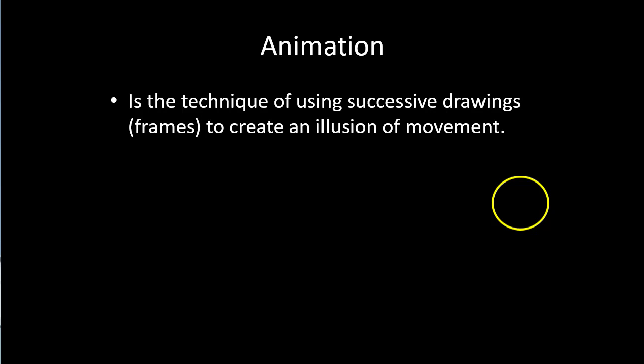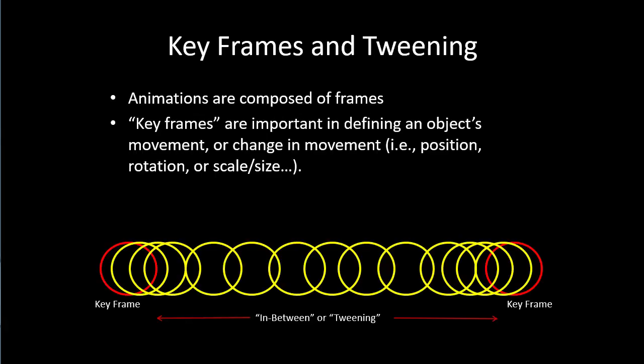Let's take a look at and discuss what's going on in terms of creating this illusion. Software applications like Adobe After Effects and Adobe Animate, which was the old Flash software that I teach in GDS47, create the illusion of movement using keyframes and tweening. Animations are composed primarily of frames, sort of like frames from your old flip book, right?